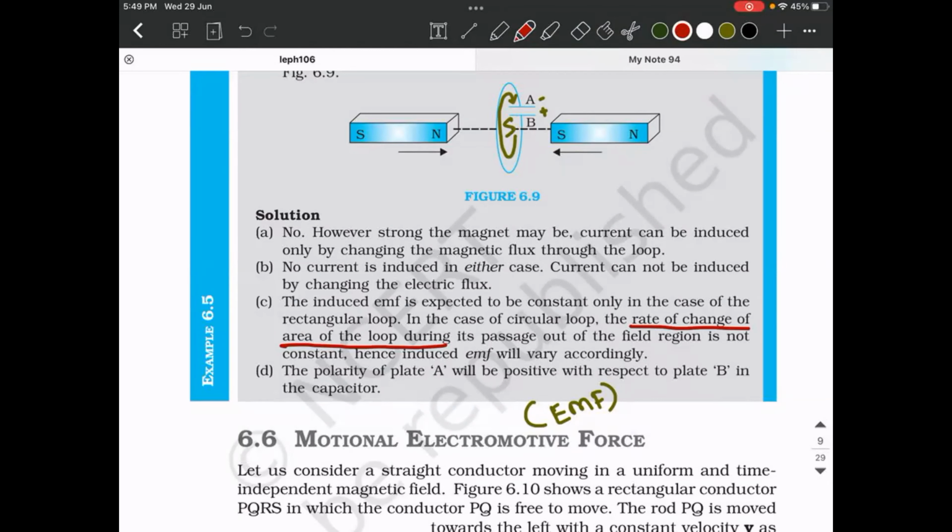dA by dt you can also call it as areal speed. Okay. Rhombus also it is different. Different because a small triangle will come out, then a bigger triangle will come out.